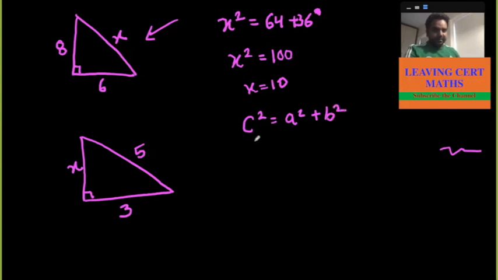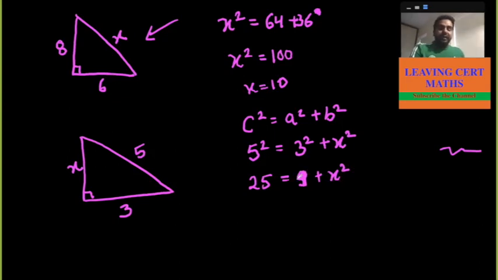And you are just putting in the values of c, a and b. So c is your 5, so 5 square is equal to, let's say a equal to 3 you have taken, 3 square plus x square, right? Now this is 25, this is 9, plus x square, right? Now we will do a linear equation.